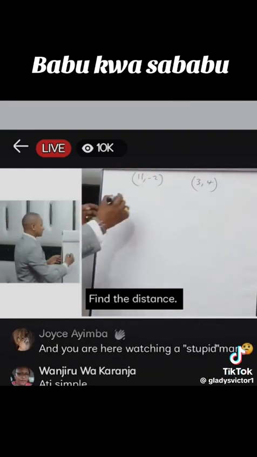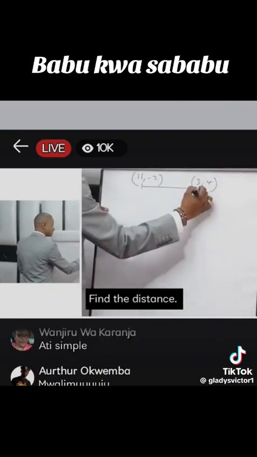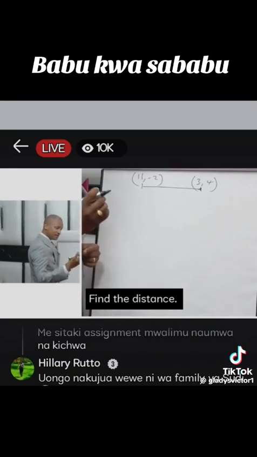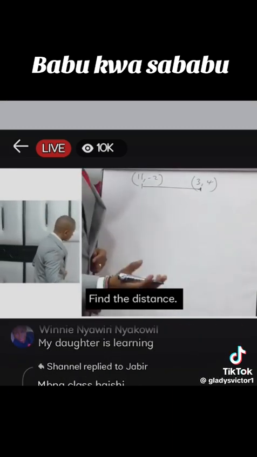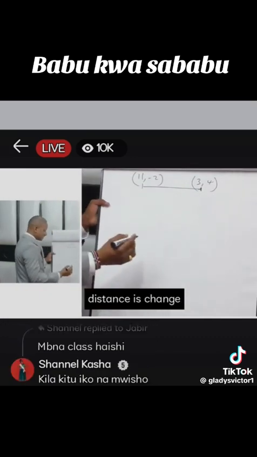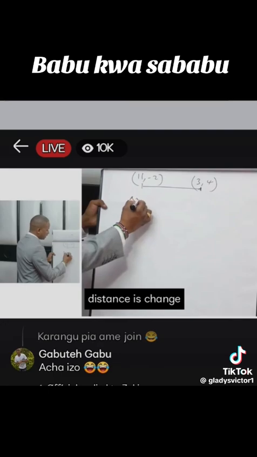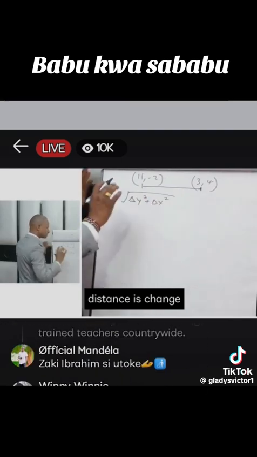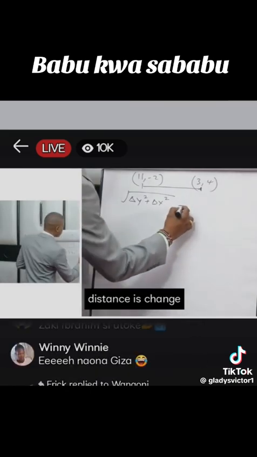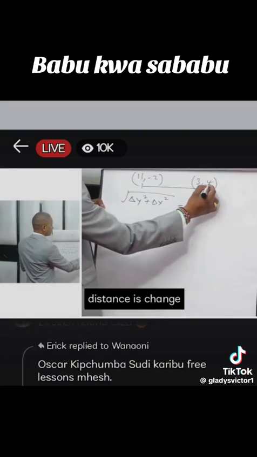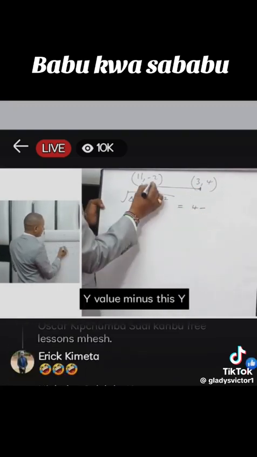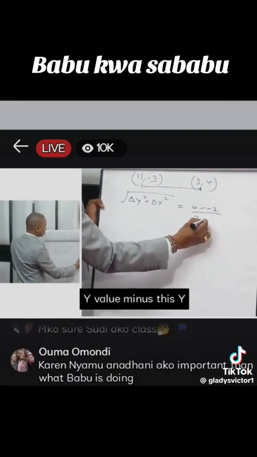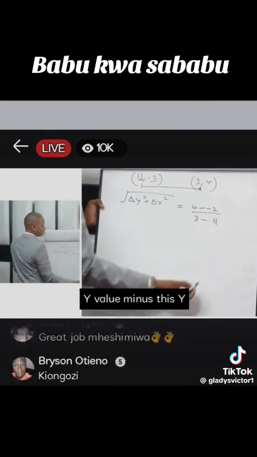Find the distance. I said that distance can be size, can be length, can be modulus, can be magnitude. So distance is the square root of change in y squared plus change in x squared. As simple as that. So what is change in y? If we start with 4, y value minus this y value, minus 2, change in x is 3 minus 11.